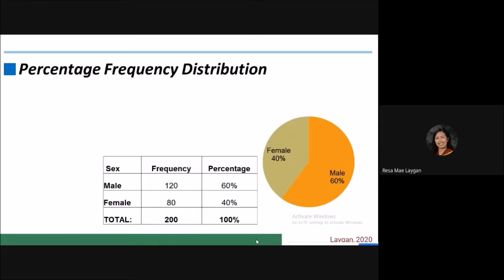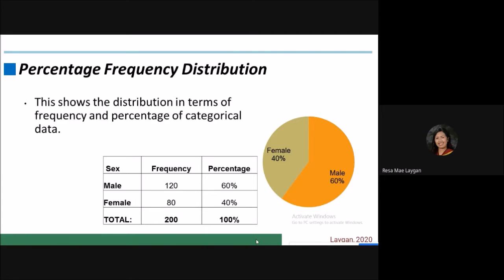So here we have the percentage frequency distribution. This is under the descriptive statistics because you only summarize here the frequency and percentage of the data, particularly the categorical data. When we say categorical data, these are the data that you categorize according to their criterion or according to their characteristics.